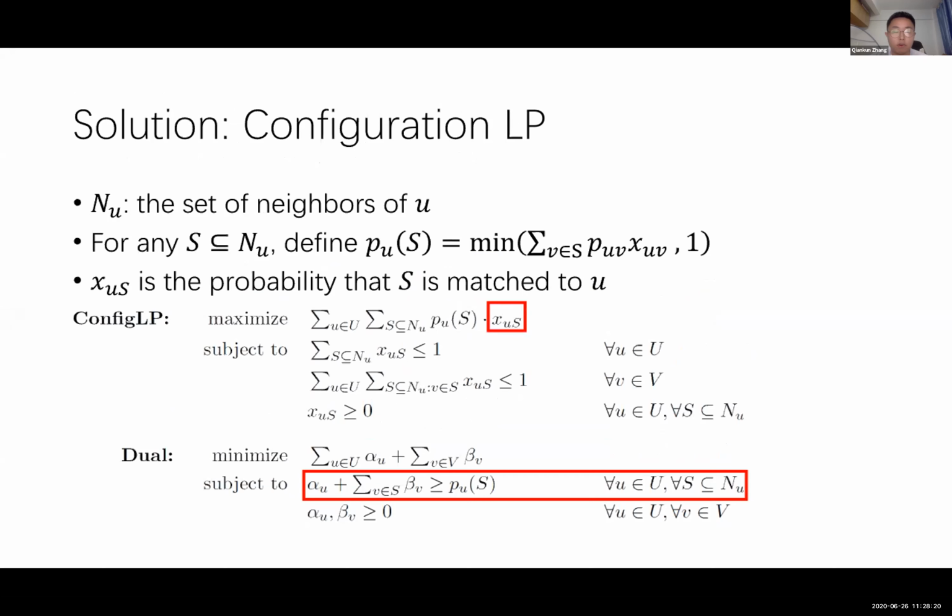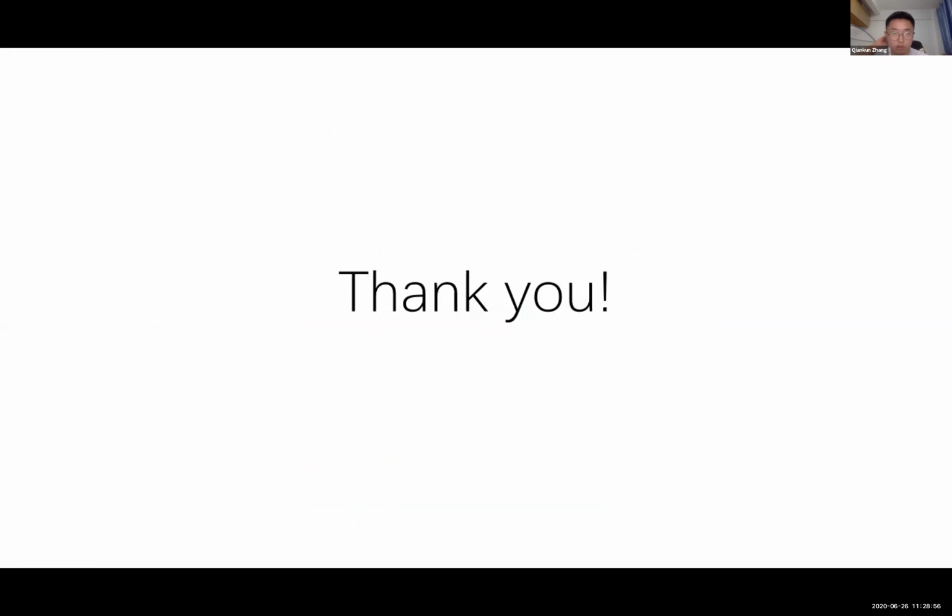Instead of taking variables on the edges, the configuration LP takes a decision variable XUS on each offline vertex U and subset S of its neighbors to represent the probability that S is matched to U. The change of the decision variables leads to a change of the dual constraints, and this allows for an implicit amortization among vertices in S, such that it is easier to satisfy than the standard matching LP. Okay, so that's all. Thank you.